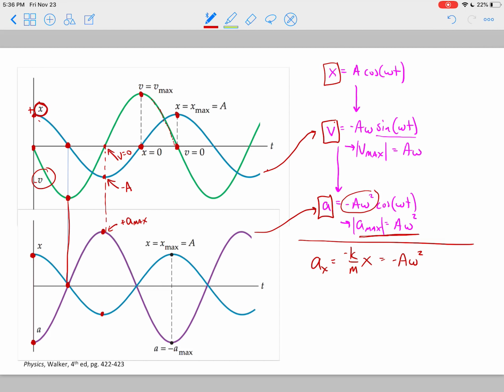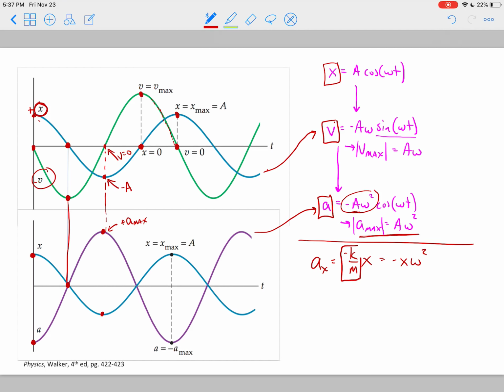Actually, let's not write it that way. Let me back that up just a little bit. Let's say we're not using the maximum value. So here we're not going to have a value of just A for the amplitude. Instead, that's just going to be x, because it could be any position, not the maximum, times omega squared.